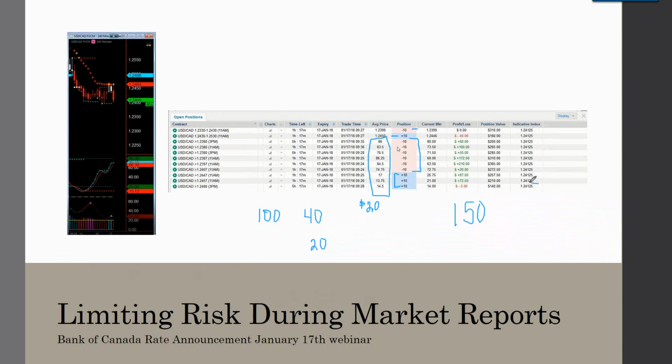Now, as you can see, under the indicative index, price was at 24.12, okay? You can also see that I'm within 100 pips of where my strikes are. Does everybody see that?